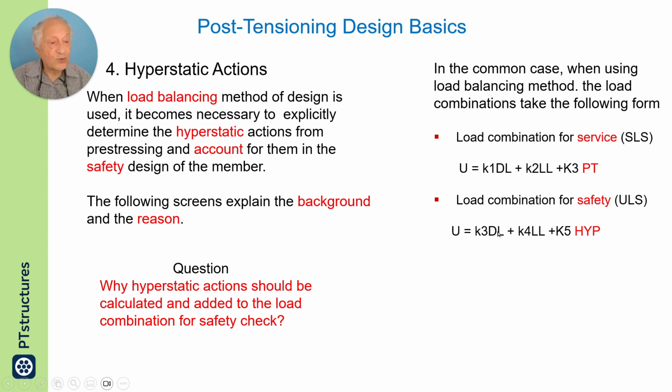I would like you to note that in the load combinations, K1, K2, K3 are coefficients given in the code, but what you add is dead load value, moment, live load value, and so on. Dead load remains the same in both. The coefficient has changed. Live load is the same live load, but the coefficient is changed.